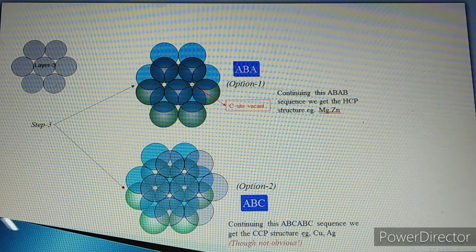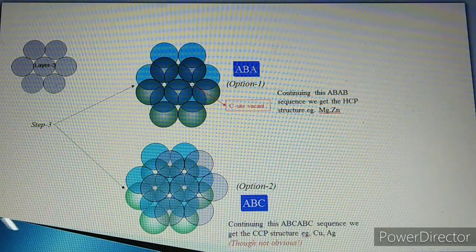Hence, the coordination number for any sphere in HCP, CCP or FCC is 12. So, in option number 2, the coordination number is found to be 12.